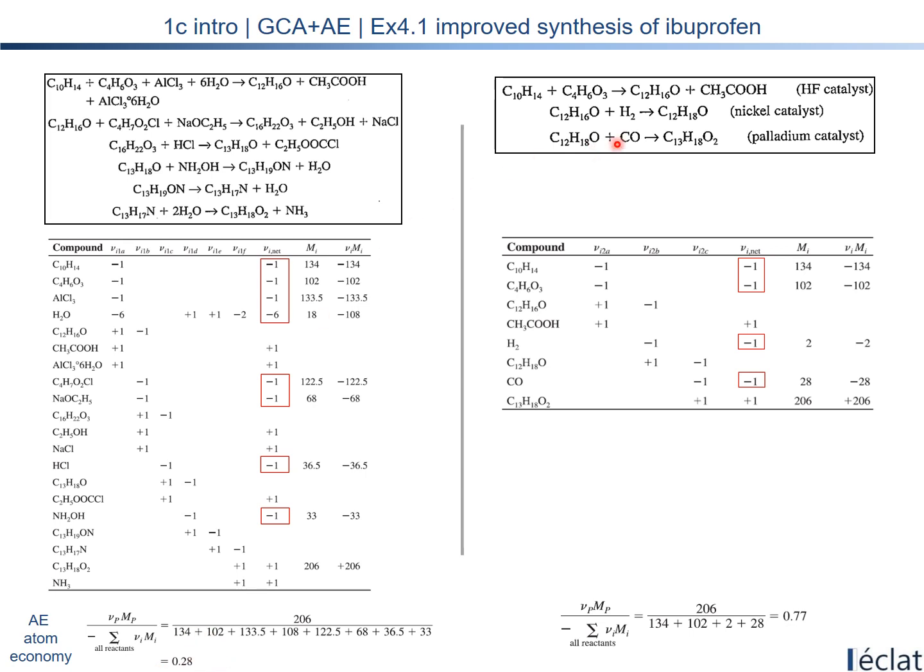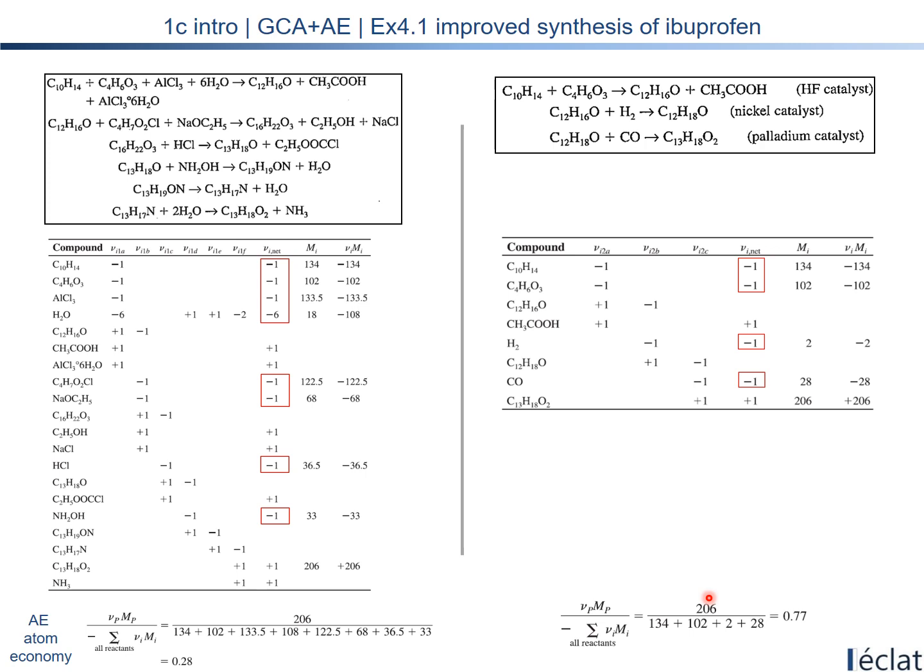Let's go to the second process. This second process has 3 steps. And then, of course, we should make the stoichiometric coefficient table, and then let me try to calculate the atom economy for the second process. Product mass and reactant mass. The result is 77%, which indicates 77% of reactant is converted to the product.